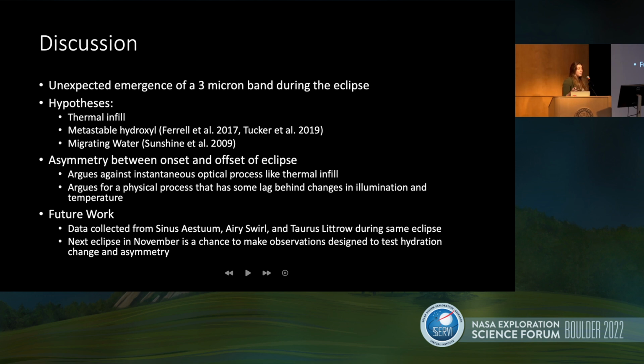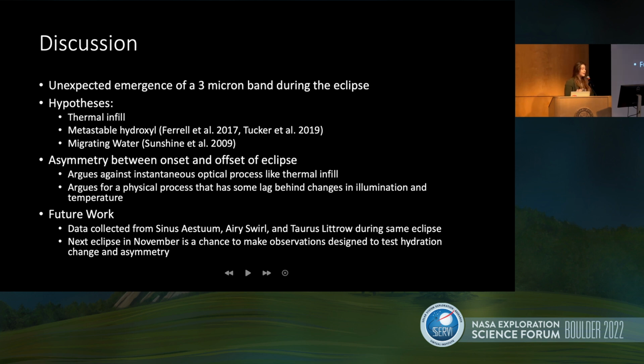The other is the formation of metastable hydroxyl as the temperatures fall. However, these observations were taken in the magnetotail. So our thought when we were first looking at this was that there wouldn't really be solar wind protons available to form this metastable hydroxyl, but maybe things are changing with the data that Chang'e showed today.